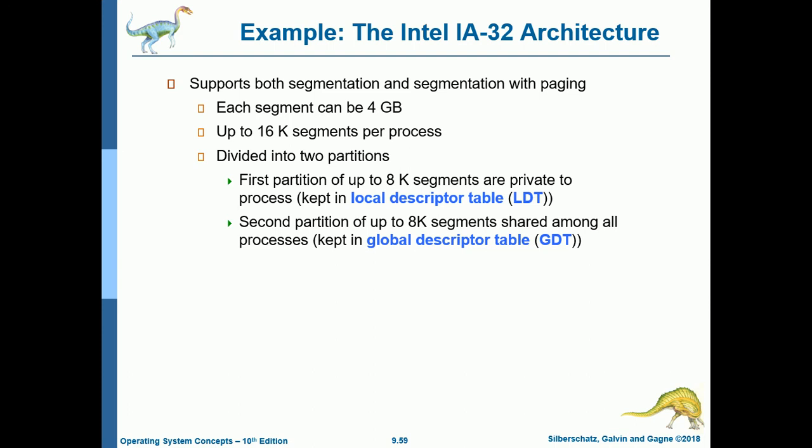Each segment can be 4 gigabytes, with up to 16K segments per process, divided into two partitions. The first partition of up to 8K segments is private to the process and kept in the local descriptor table, or LDT. The second partition of up to 8K segments is shared among all processes, and kept in the global descriptor table, or GDT.